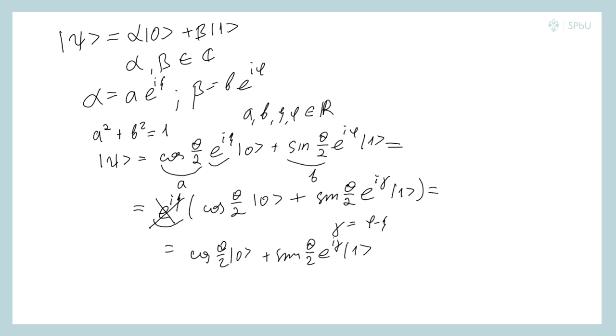So as a result, we obtain that the qubit state psi depends on two real numbers, theta and gamma, and that will help us to get the geometric interpretation we need.